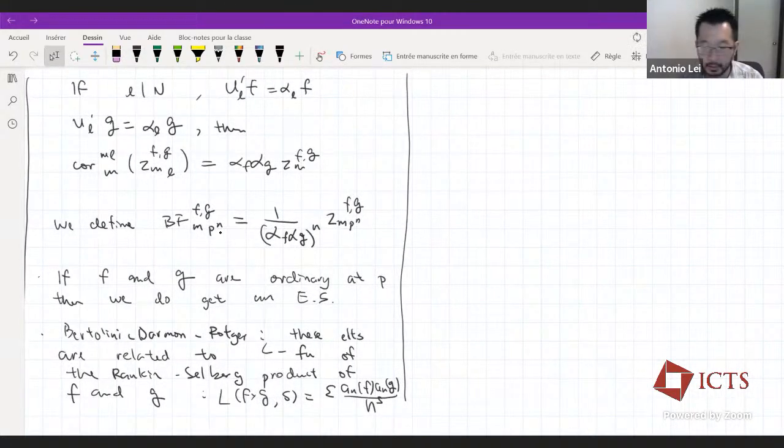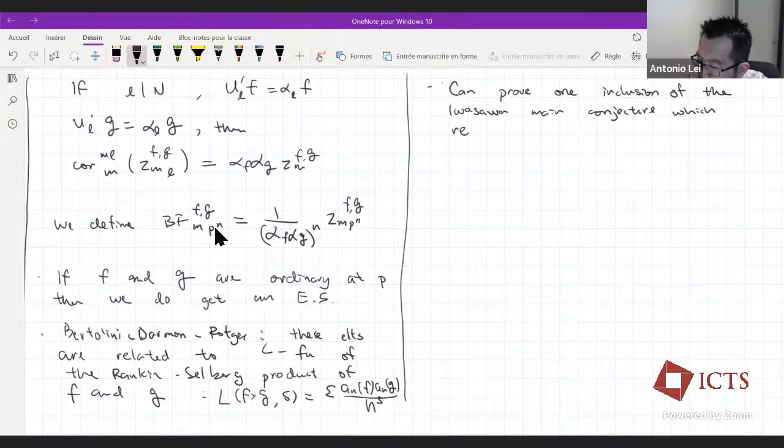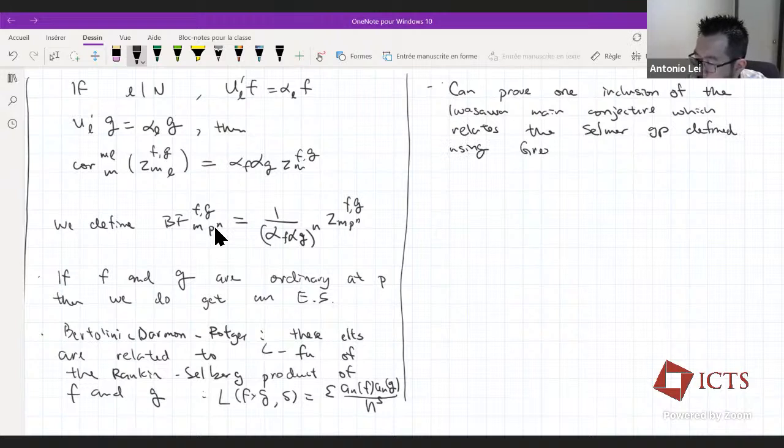Okay, and then once you have all this information, you can do something similar to the earlier cases where you can prove one inclusion of the Iwasawa main conjecture, which relates the Selmer group defined using Greenberg's condition.